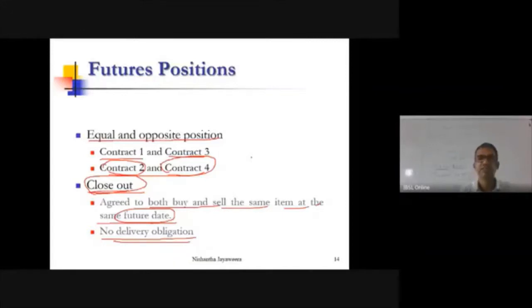So you run with two different positions. It's not a close out. If you buy from the Tokyo exchange on the same underlying, same delivery month, you have to sell it at the same exchange, the same futures contract. A futures contract is defined based not only on the underlying, but the exchange as well.